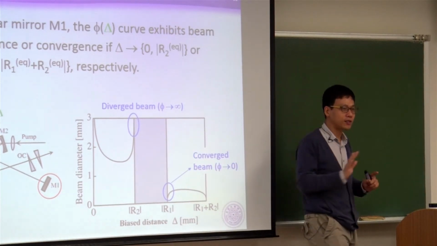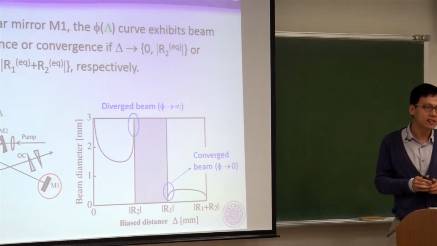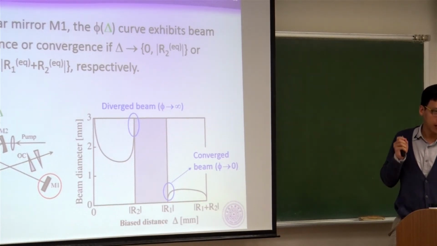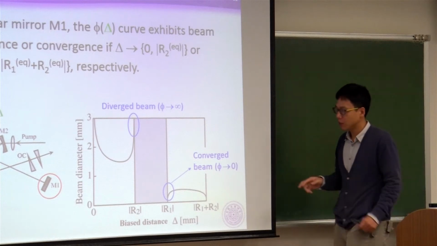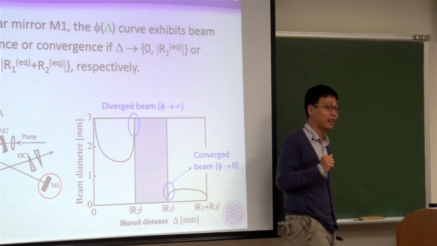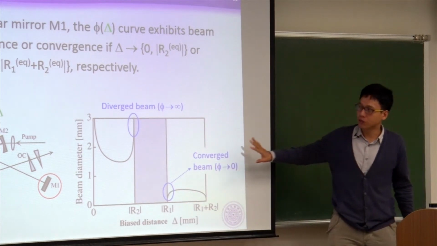There is no stable cavity. And within these two ranges, you can have a stable cavity, you can have a finite beam size. That's the meaning of this curve.